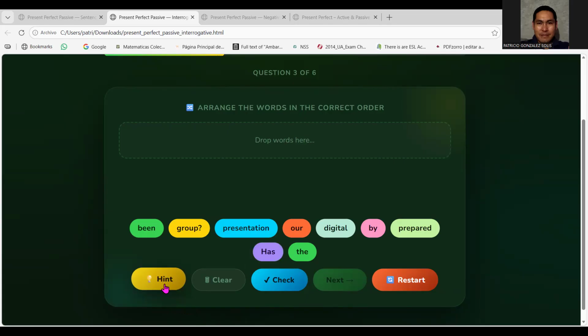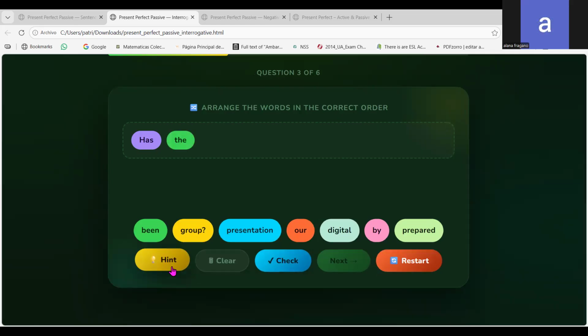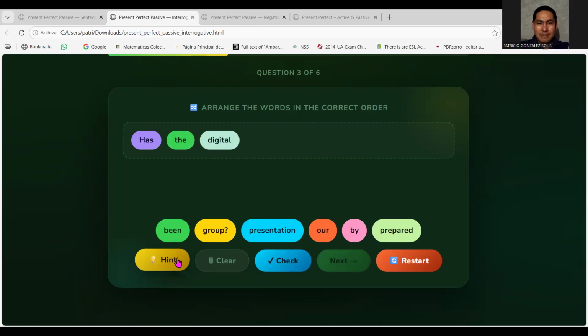The first element, has. Digital presentation been prepaid by our group?